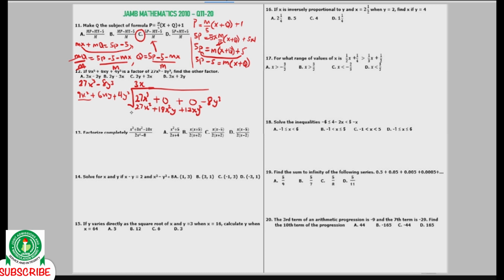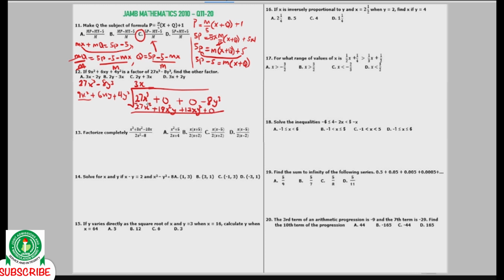So now you put the subtraction sign and rule your line. You can as well put 0 here to avoid any form of confusion.